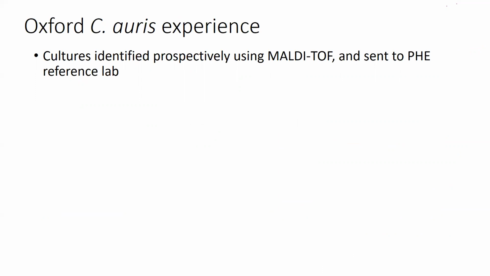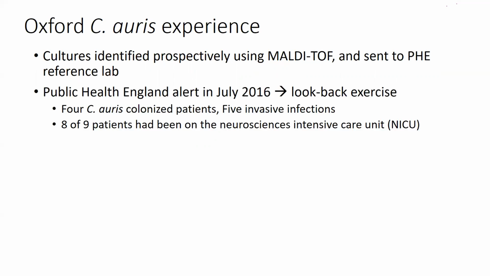In the US, the CDC and Public Health England at a really quite similar time put out an alert. And in Oxford, actually, we'd been happily identifying Candida auris for some time, sending it off to the reference lab and saying this is a bit odd, and not really appreciating the significance of what was going on.